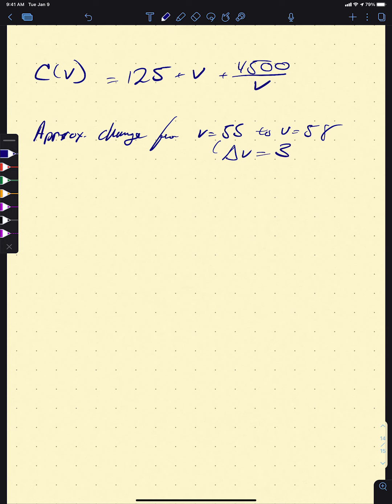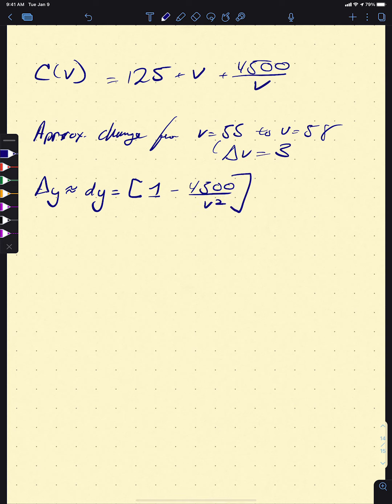And then delta y, which is the actual change, is approximately equal to dy, which is then equal to the derivative of this, right, which is going to be the derivative of 125 is 0, plus 1 minus 4,500 over v squared, and that's multiplied by 3, right?